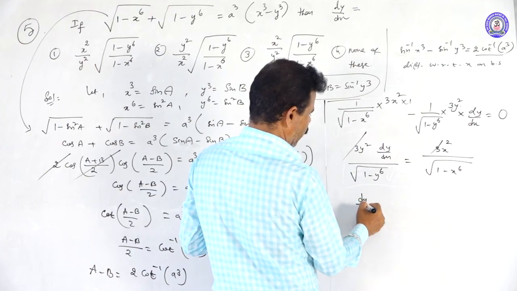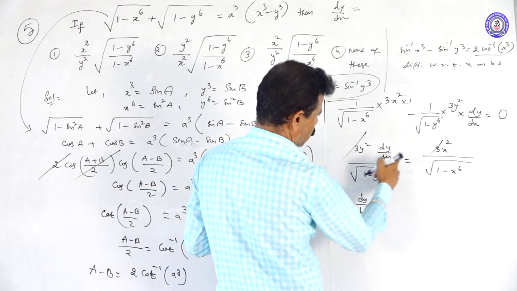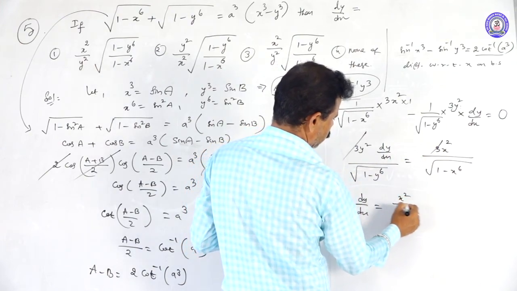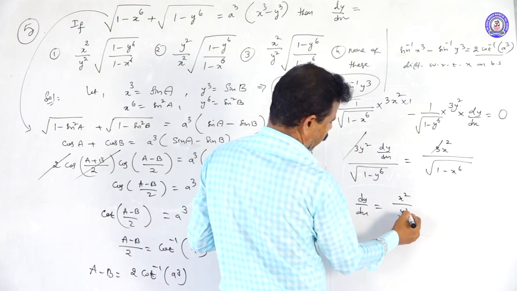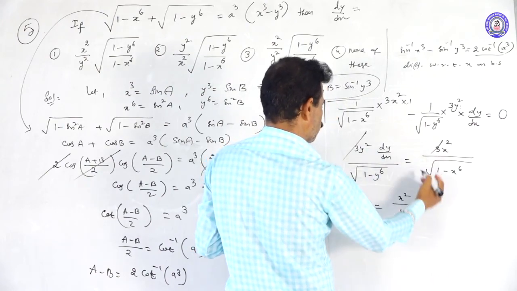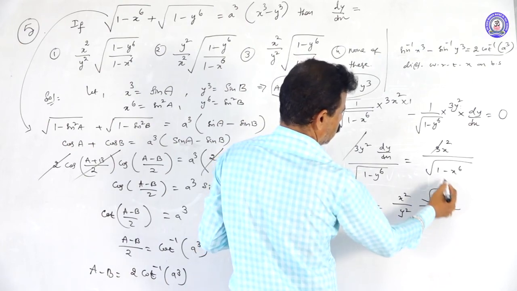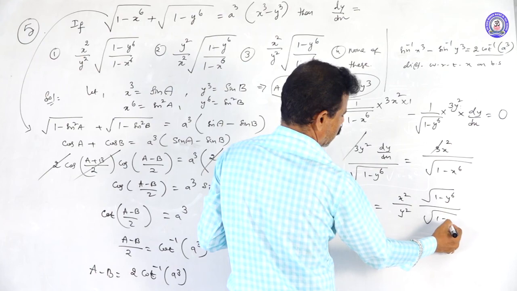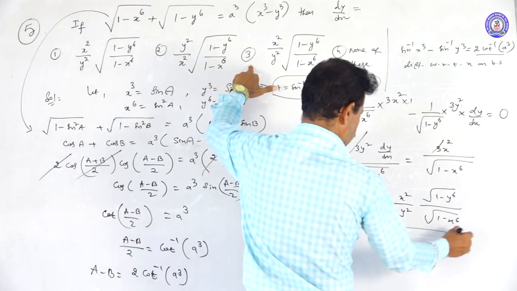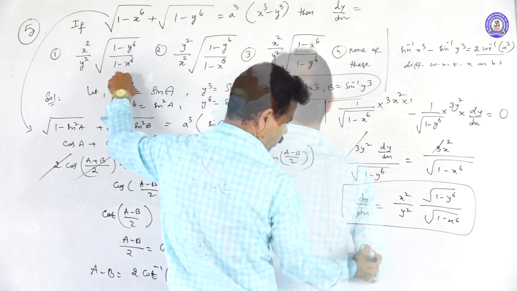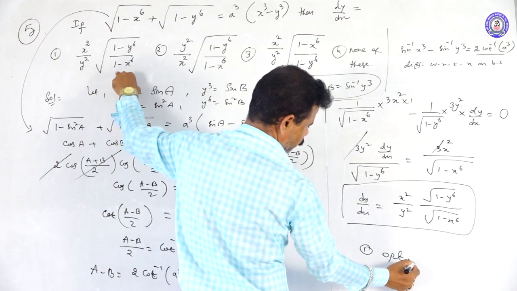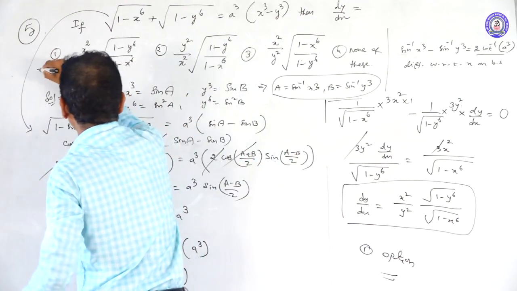So finally dy by dx is equal to x square, this y square going to the denominator, this going outside, under root of 1 minus y power of 6 by under root of 1 minus x power of 6. Anyhow, this is the answer. The first option is the right answer.